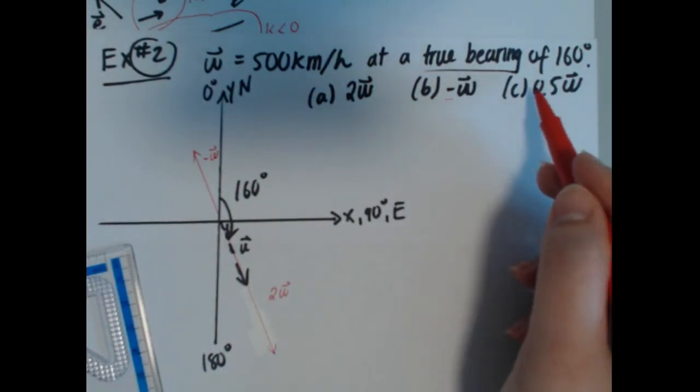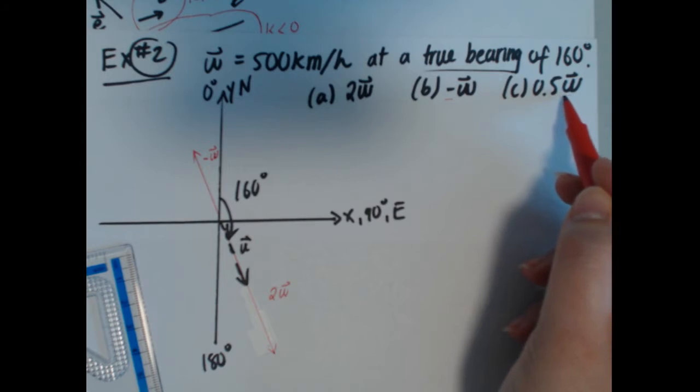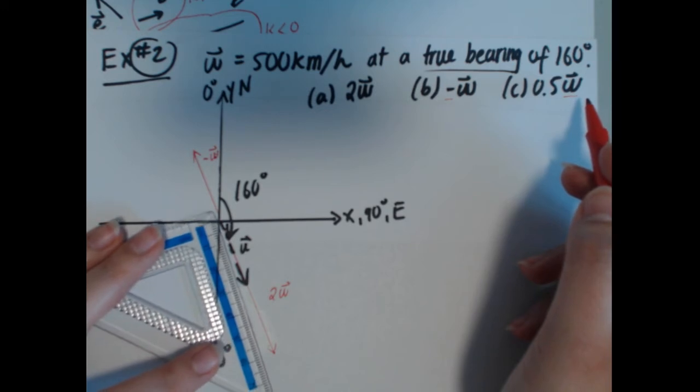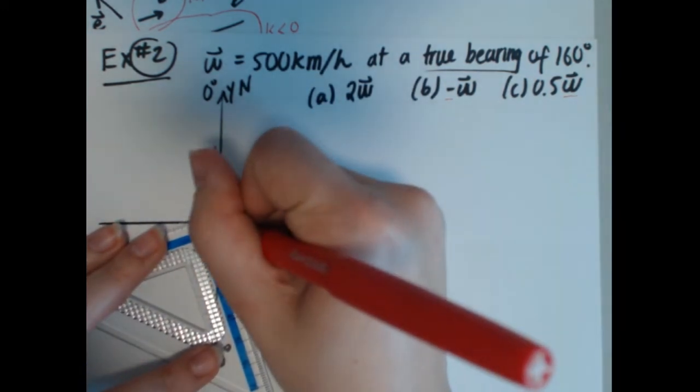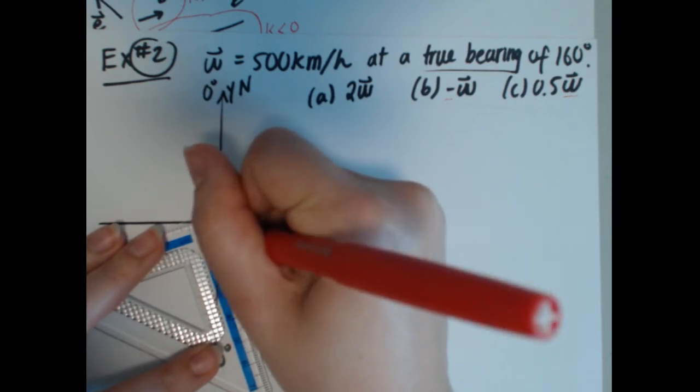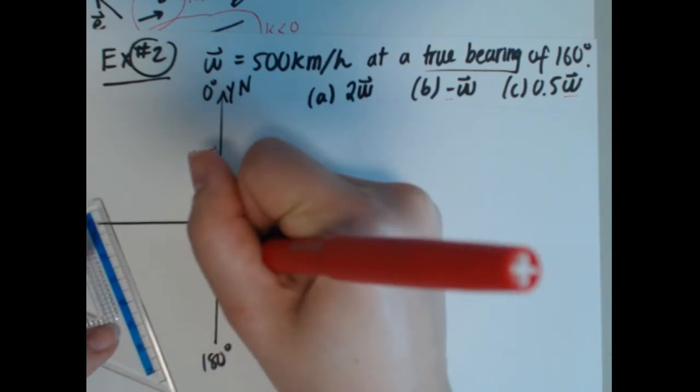And finally, 0.5W, it's in the same direction as W. I keep saying U for some reason. This is a W, 0.5W. In the same direction as W, but half as long. So if this is 3 centimeters, it's going to be 1.5. So here we go, 1.5. This one's a bit harder to draw, let me make it a bit thicker so you see it.